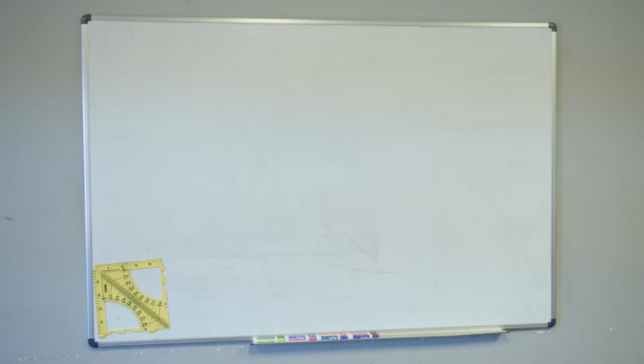Okay, so there are a few more vocabulary words related to an oval. So let me draw another oval. Okay, so we've got the foci.